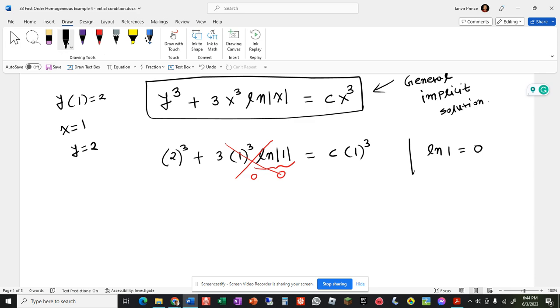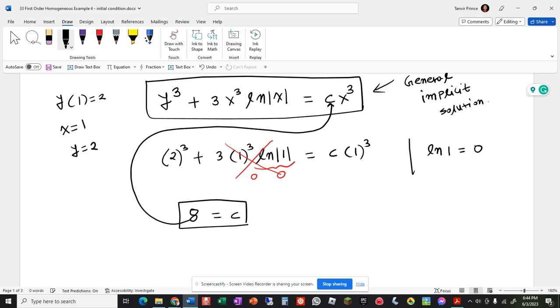Okay, so what I have here is 8 equal to C. Very good. So now I know C is 8, so that goes in place of C, and that is our final specific solution. Remember, when you have an initial condition and you solve for C, that is called a specific solution.